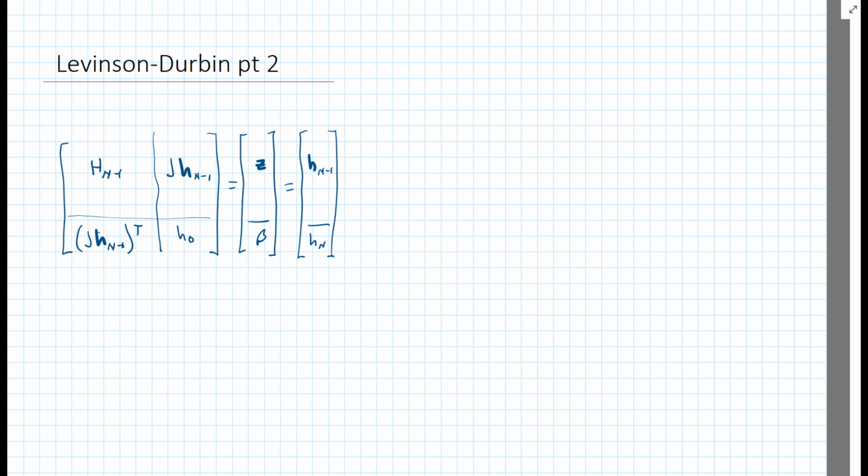And if we have some kind of a structure like this, then we can go back and do it recursively. Start with a trivial 1-by-1 problem and grow a solution that's a little more efficient. Okay, so once again, overall, we want to solve for z and beta.